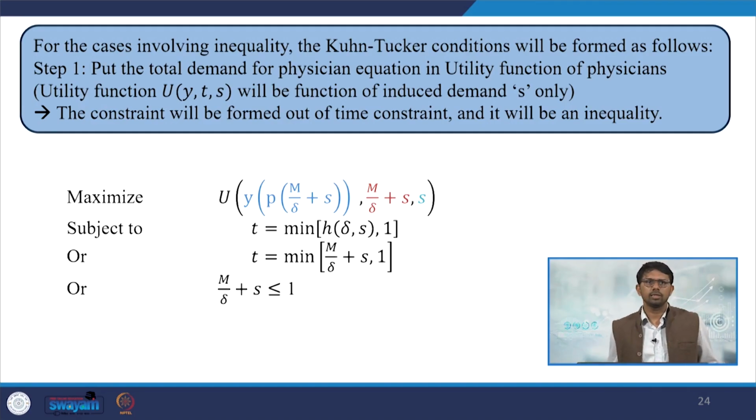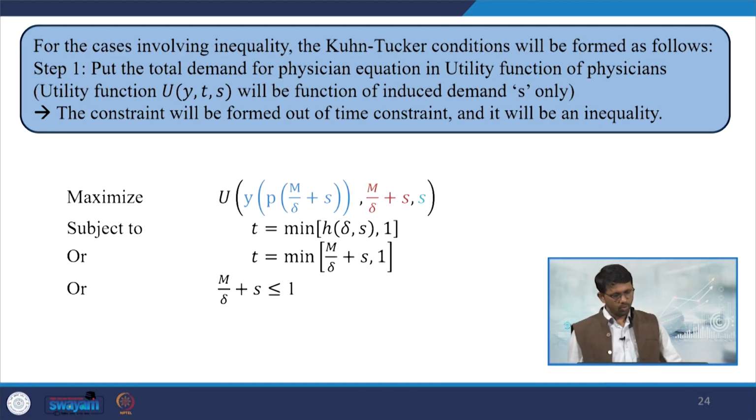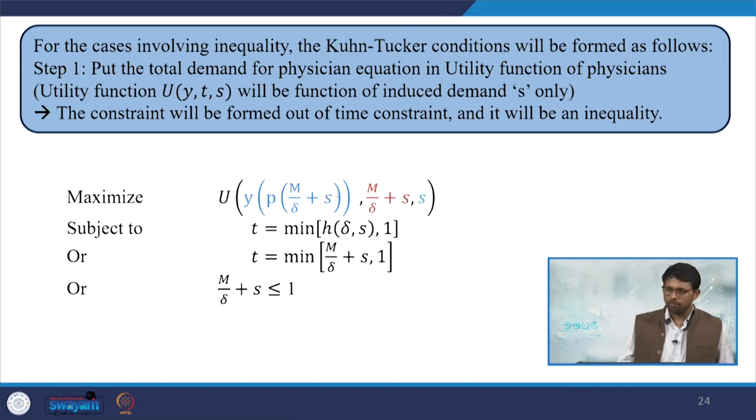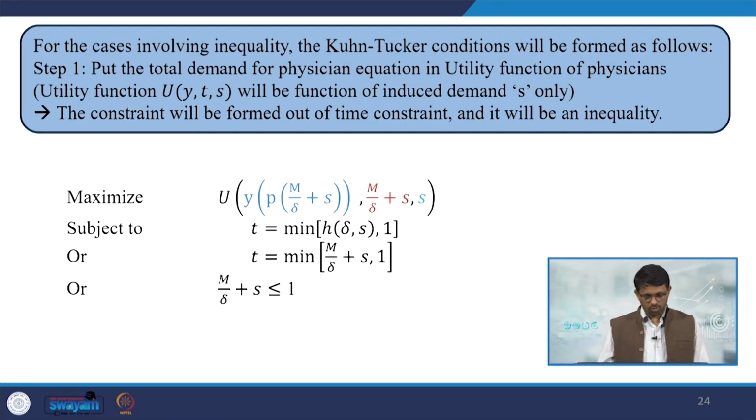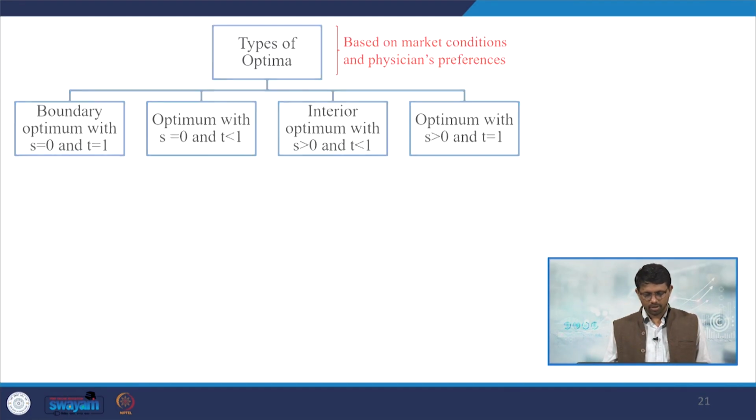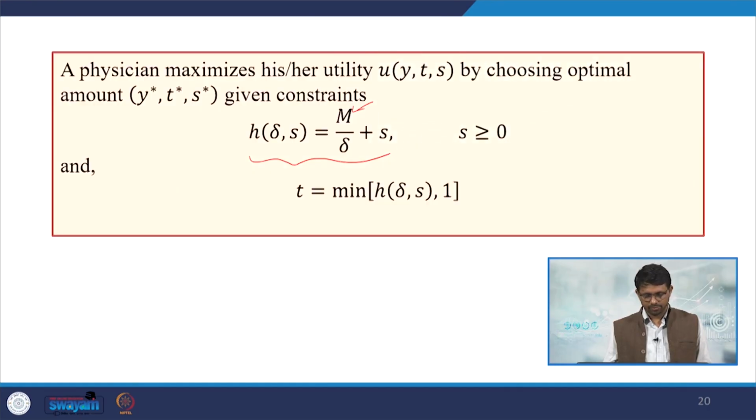The constraint will be formed out of the time constraint and it will be an inequality. So, anyway, utility as a function of Y, T and S, we know that Y is equal to Y of P, and P as a function of, we know, M upon delta plus S. So, you can just have a check once again. I will just go back and clarify.